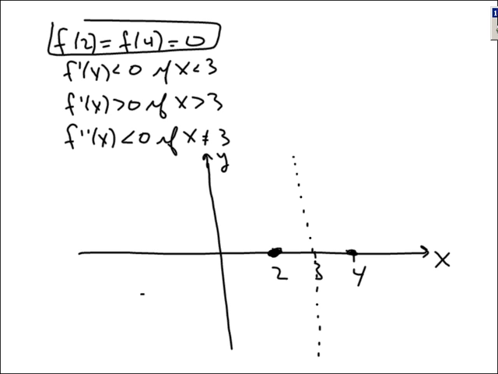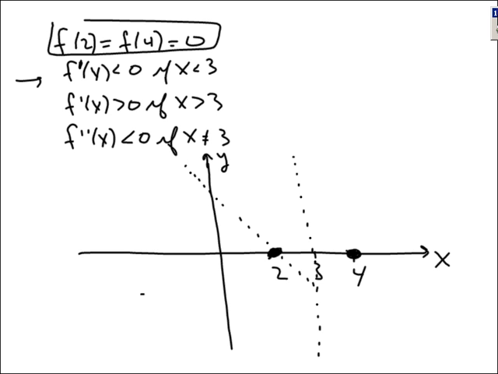Remember, no matter what I draw, I must cross here and I must cross there. The second one says the derivative, the slopes, are less than 0 if x is less than 3. That is, I have to draw negative slopes. Here's a negative slope.